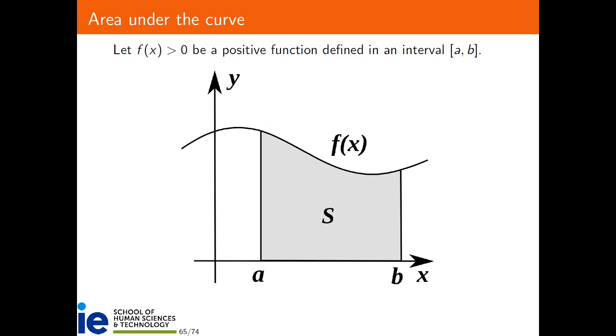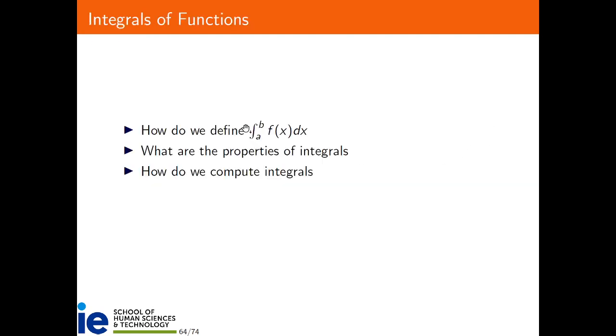Then the integral between a and b of the function f(x) is the area under the curve. So what the integral does is computing the size of this area, the one that is determined by a and b, the extremes of the interval, the x-axis, and the function itself. So this is what we call an integral.